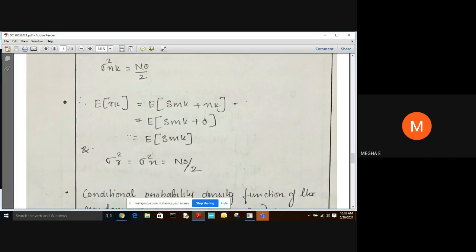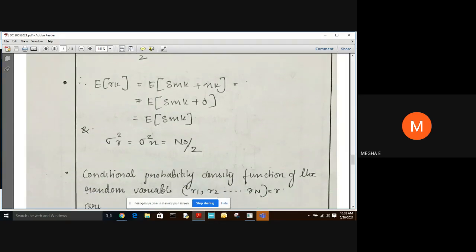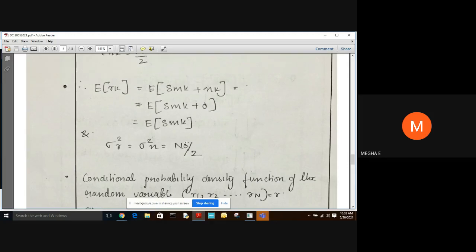And the variance of the received signal is equal to the noise variance, which we already found, N0 by 2. Hence the noise component nk is a zero mean uncorrelated Gaussian random variable with variance N0 by 2.